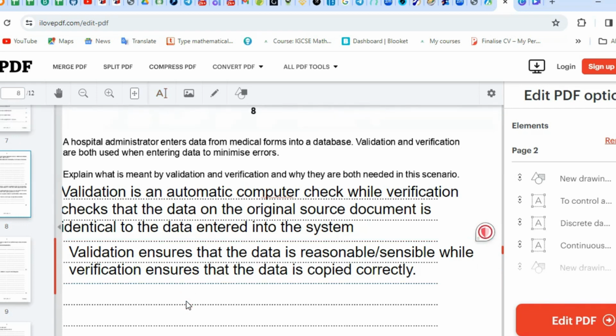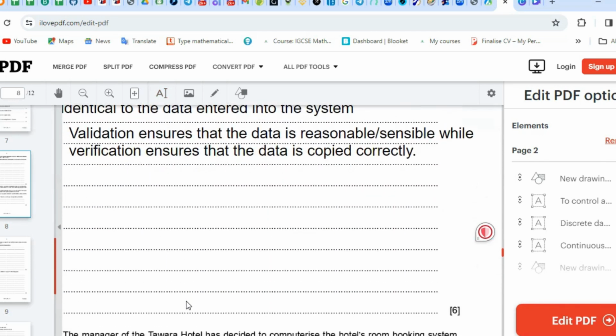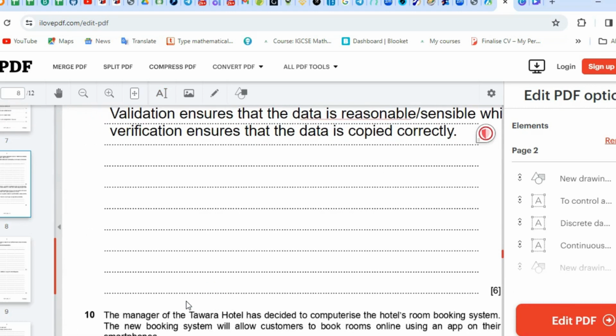So we can have one last one, which is validation ensures that the data fits the set criteria.